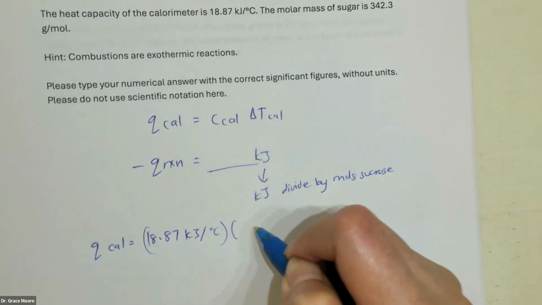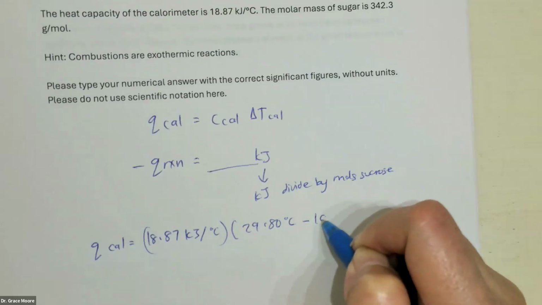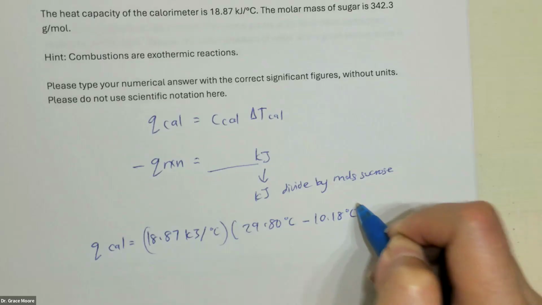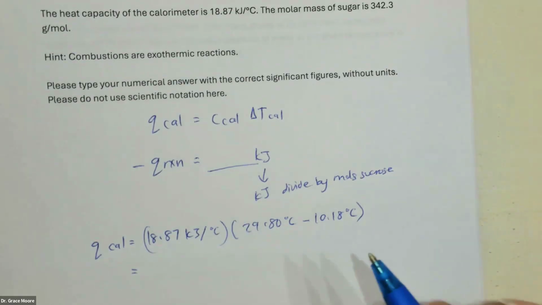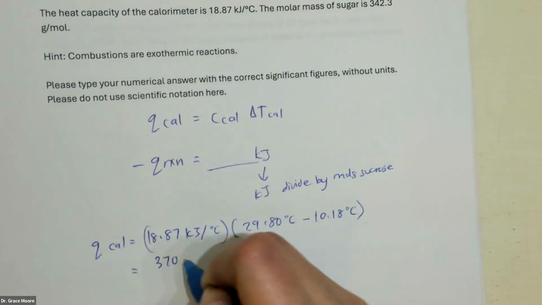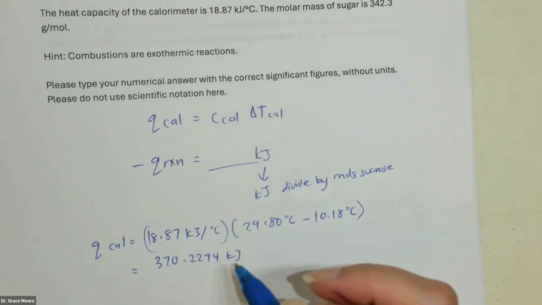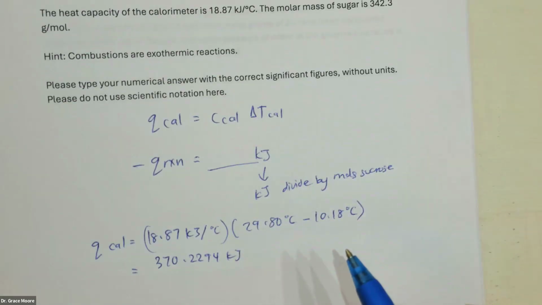And then the delta T is 29.80 minus 10.18 Celsius, and you get 370.2294 kilojoules. I don't round it on the calculator, just leave it there.